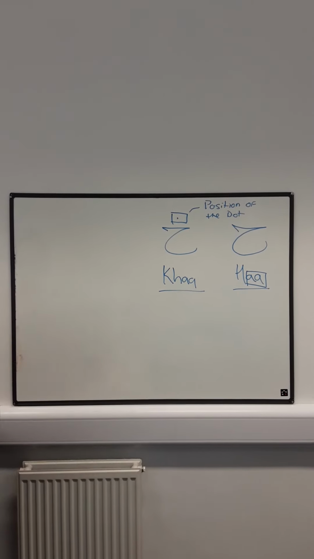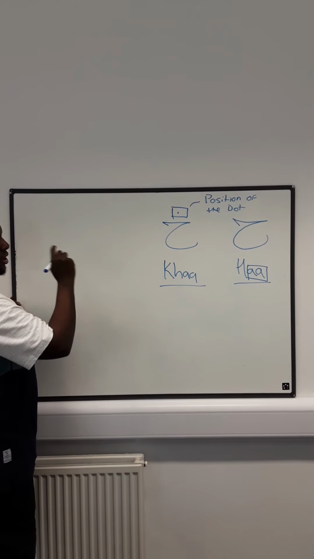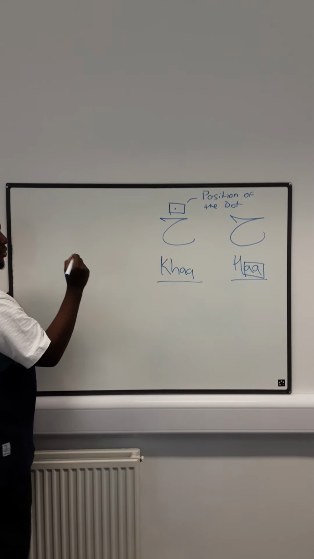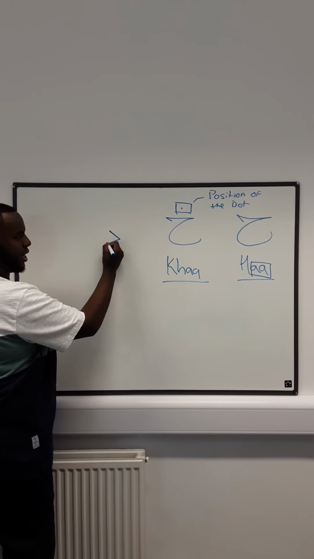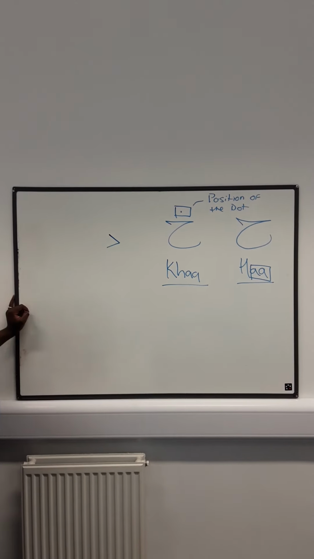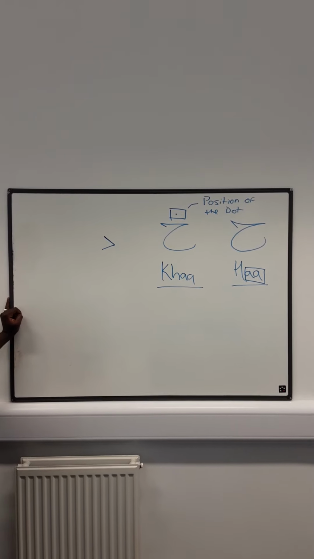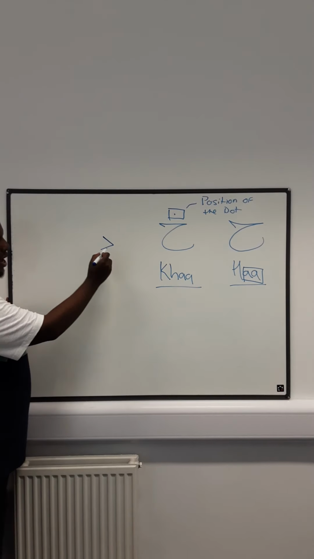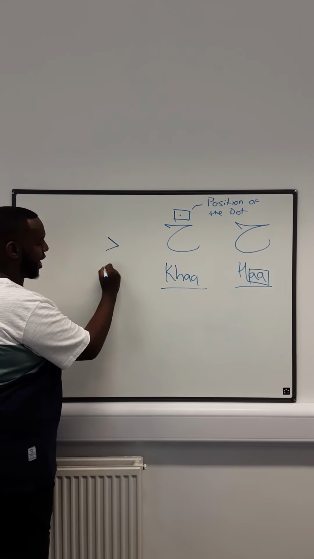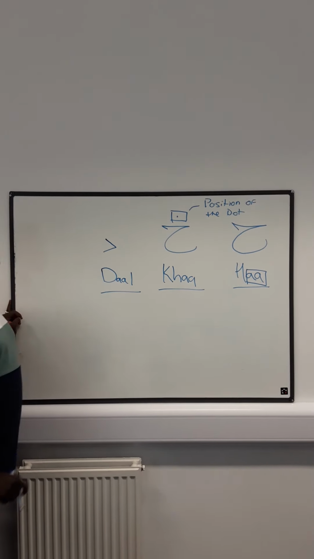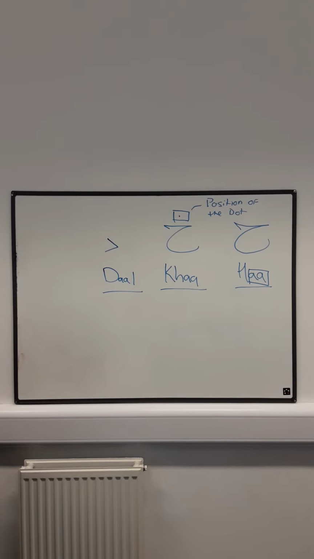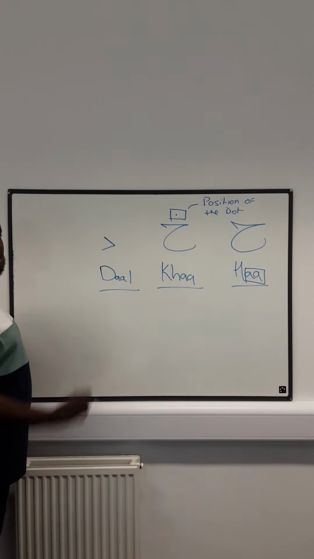Kha, good. The third of the 5 letters that we're going to learn today is a strange one. It looks like a sideways V. Now that letter there is known as Dal. So what's that letter there, Anthony?